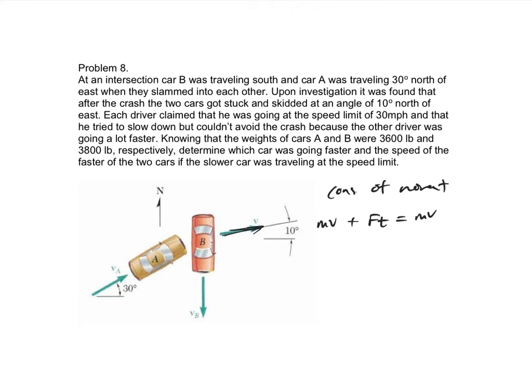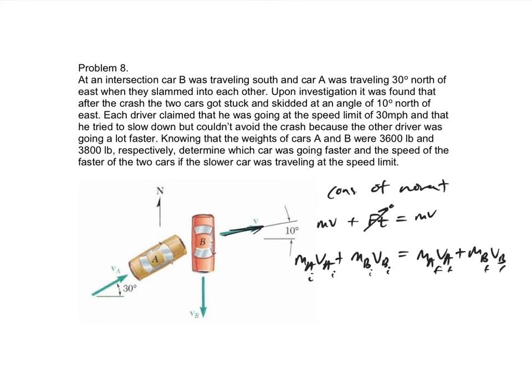So what I'm really doing is the mass of A, velocity of A, and the mass of B, velocity of B. And there's no outside force giving any impulse. So this is really just conservation of momentum. This would be equal to the mass of A, velocity of A, plus mass of B, velocity of B. But this is all initial. This is all final.